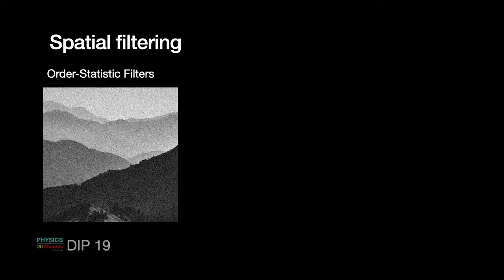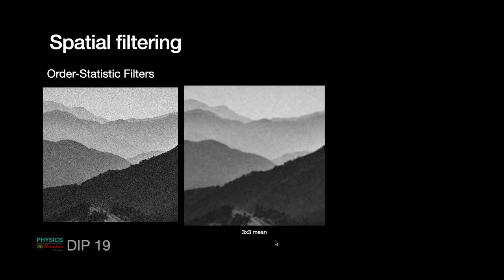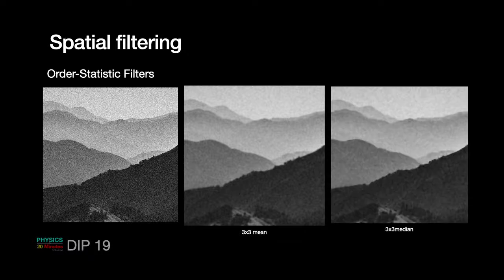Here's an example for the median filter. So I have my corrupted image, and remember, here it's Gaussian noise corruption. And this is the result of a 3 by 3 mean filter, the mean filter that we have learnt earlier. And this is the result of a 3 by 3 median filter. So you can see that the filters are of the same size.